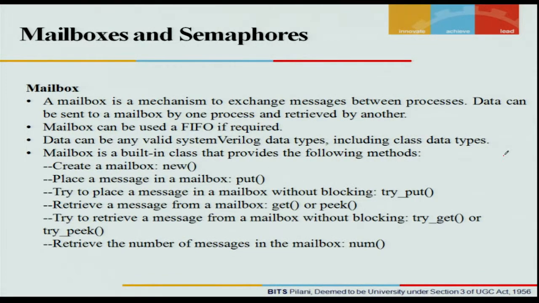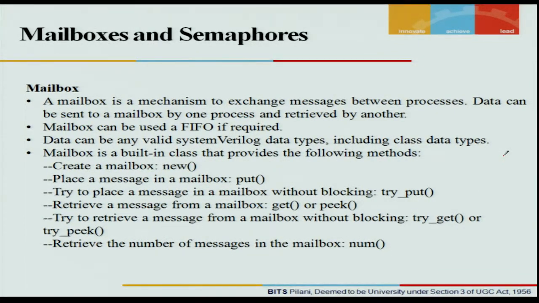Now, in case of a non-blocking call, if the mailbox is not available to take in some new data, then that call, try_put or try_get or try_peek, will check for the availability of the mailbox. If the mailbox is available, it's well and fine, and the data will be pushed into or fetched out.